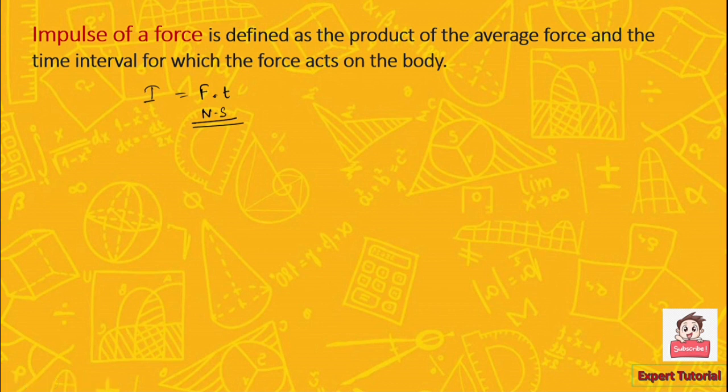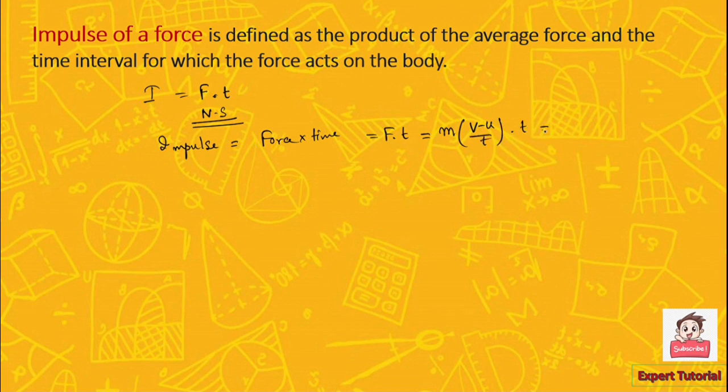Now the relation between impulse and linear momentum: we all know that impulse equals force into time. So impulse equals F into t, and this F is nothing but mass into acceleration, that is mass into v minus u by t, into t.